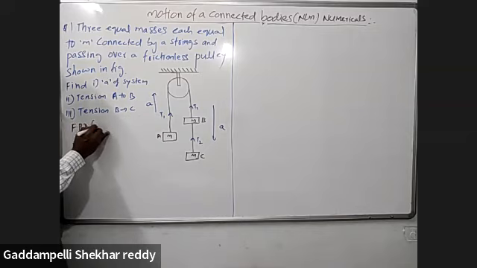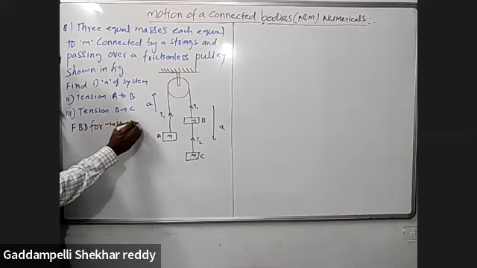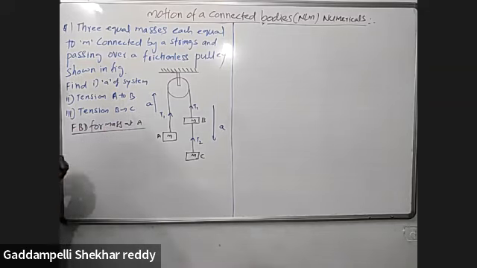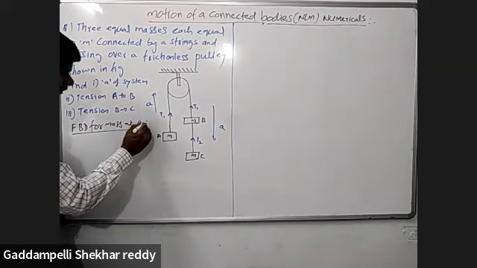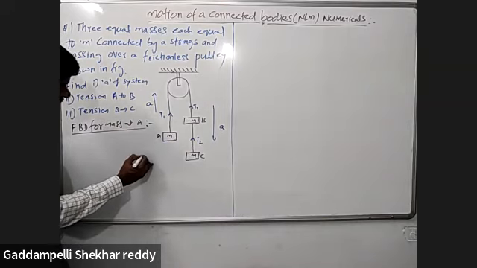Now the free body diagram for mass at A. This mass is separated from the system and taken as a point mass.